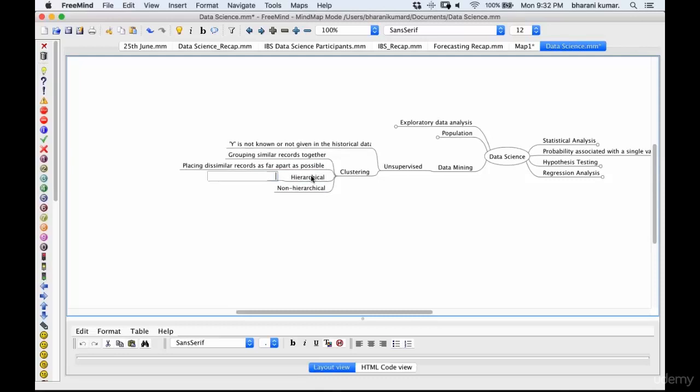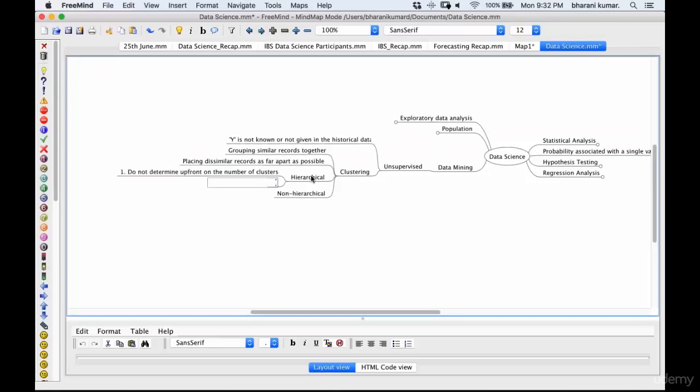As part of hierarchical clustering, we do not determine the number of clusters upfront. What we do is get started by assuming that each record is a cluster.